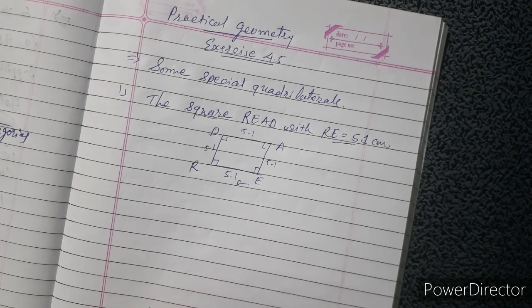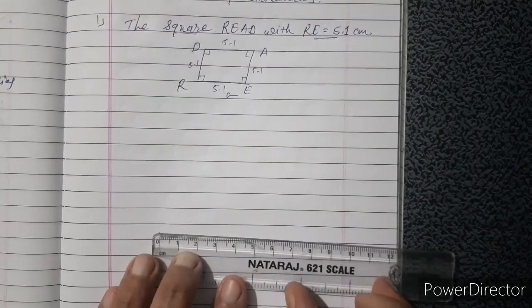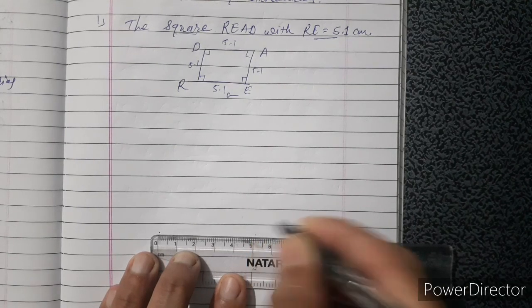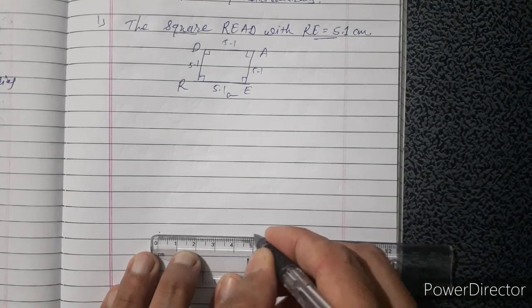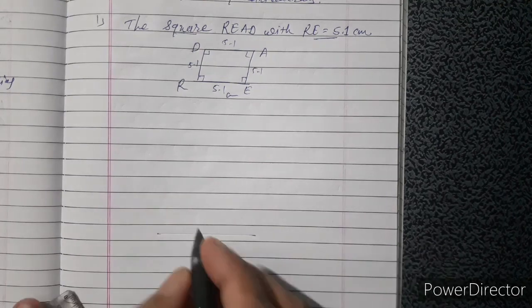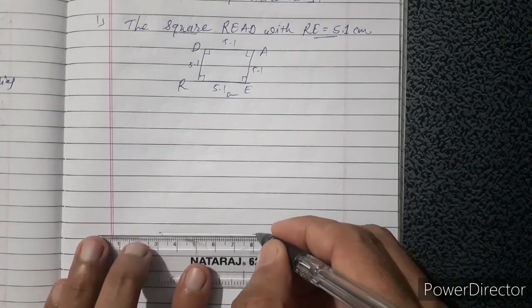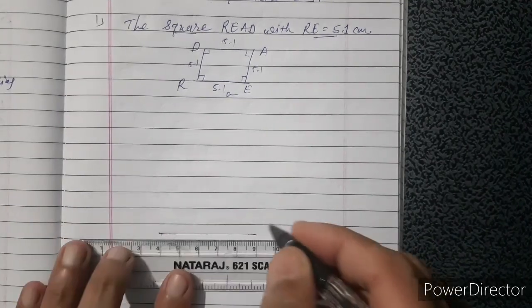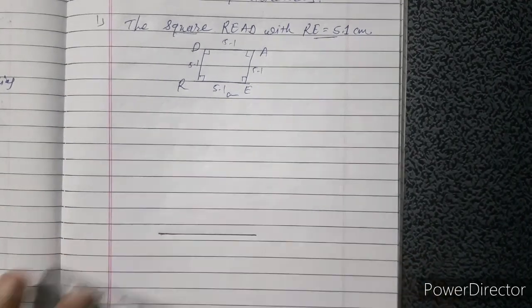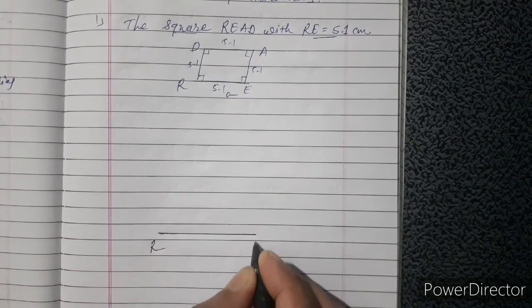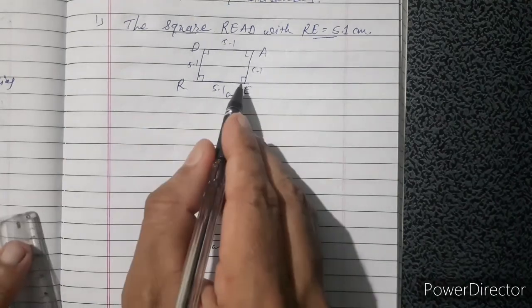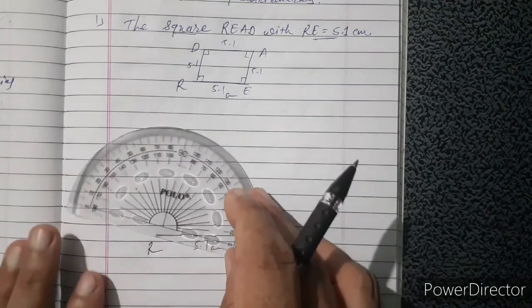Start with 0 and here 5.1. After 5 you take 1 millimeter. That is RE, 5.1 centimeter. Now both angles are 90 degrees, so what to do?